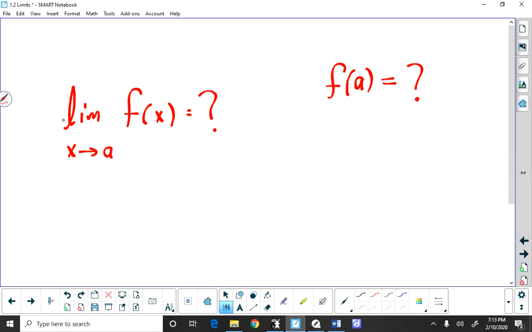In other words, put in the value that x is approaching into the function. If this exists, you're done. If it exists, the value equals the limit. You're done.